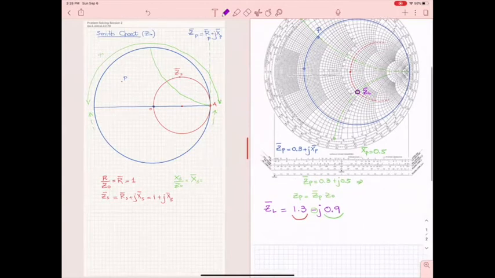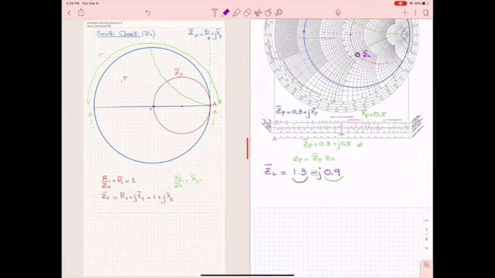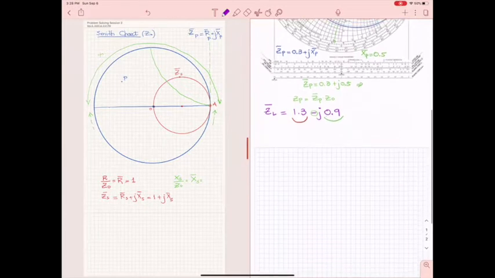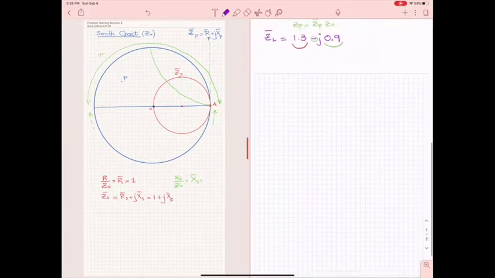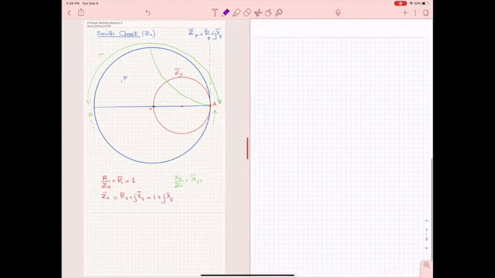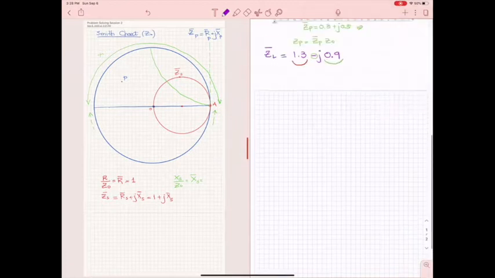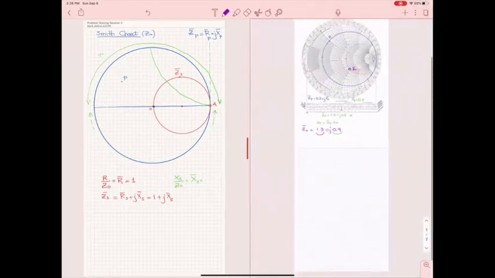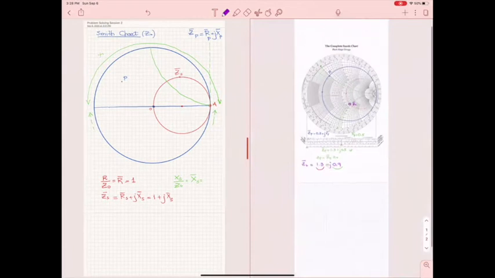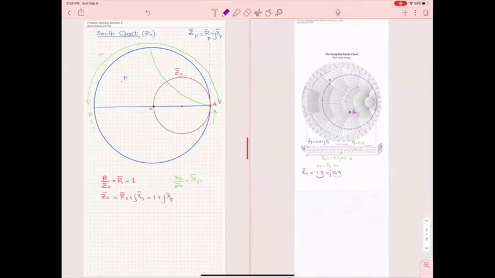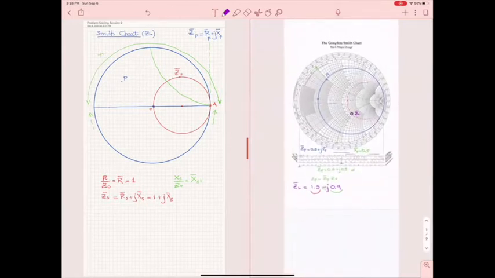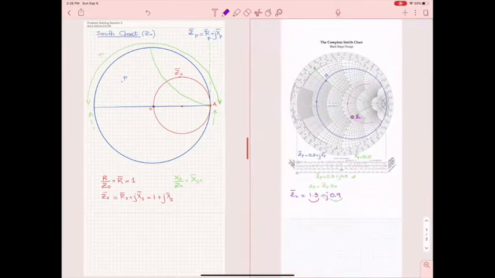Now let's go to another one, and we need one more Smith chart here. Document, I will make a copy. Let's see how I got this one.